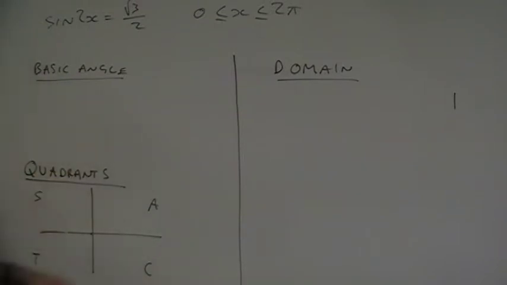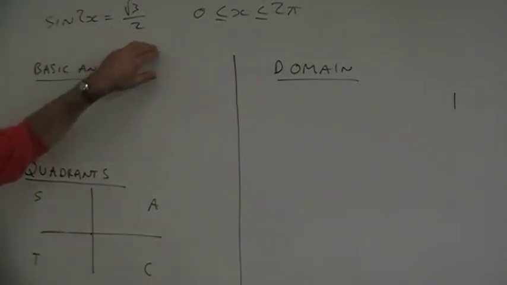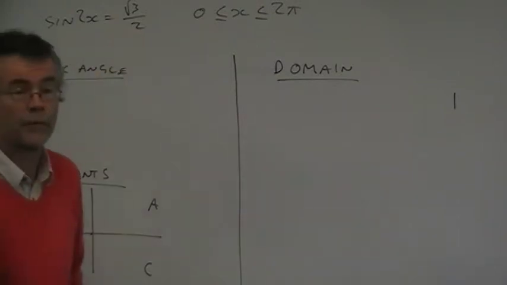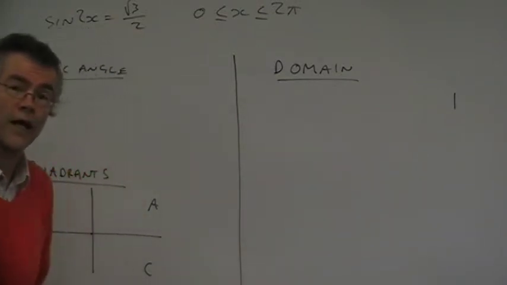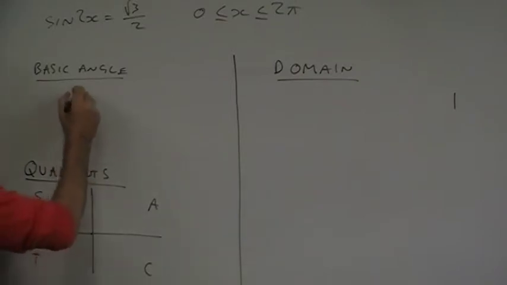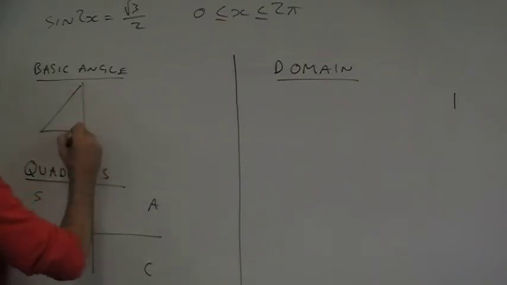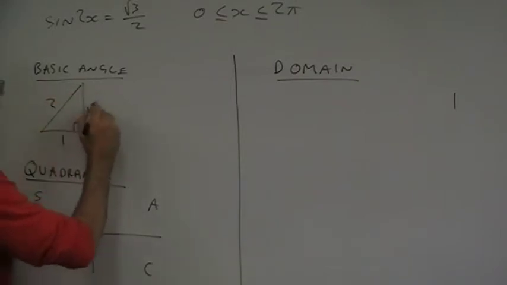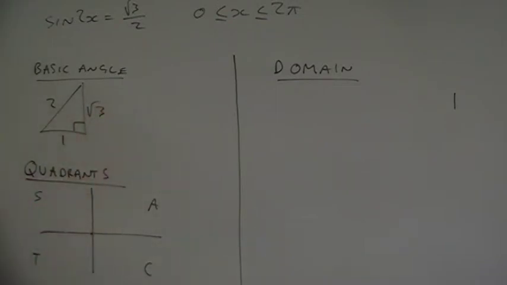Now, the basic angle: sine of some angle equals root 3 on 2. We don't worry about the sign. We're just looking for that number in the first quadrant. You will perhaps look up your formula sheet to find what that angle is, or I will draw a triangle. The 2, 1, root 3 triangle I will use.